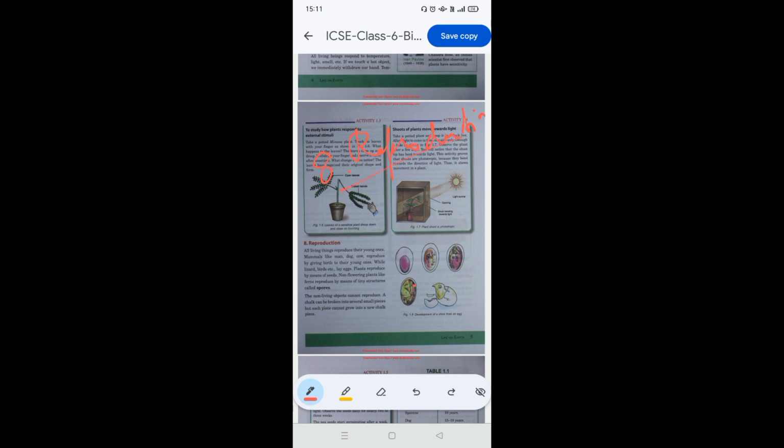So all living things reproduce their young ones, either by laying eggs, mostly birds and animals like lizards, whereas mammals just give birth to their young ones.